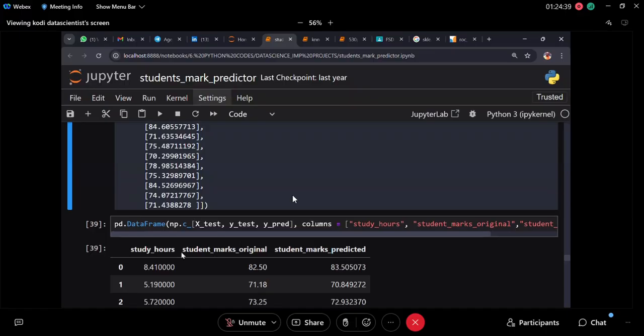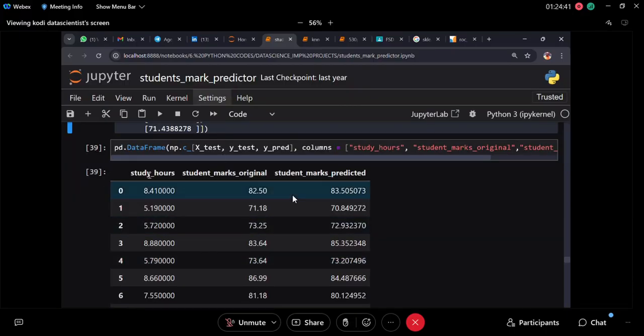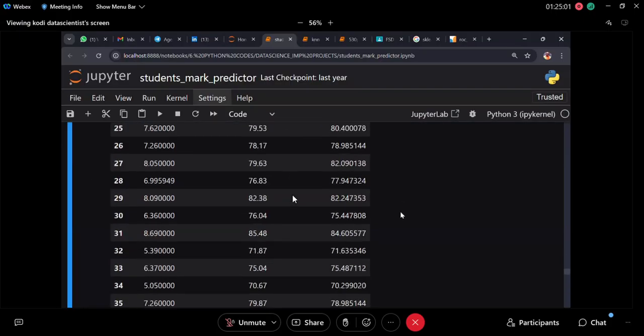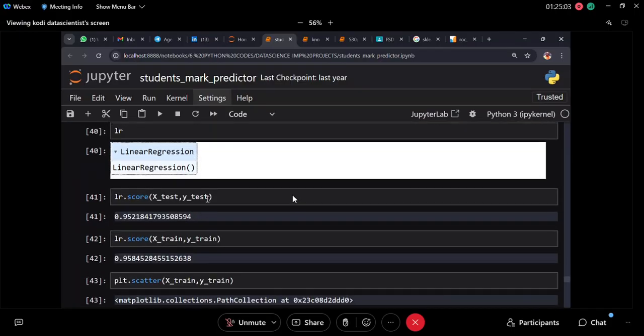So finally, we create a data frame: actual study hour, actual student mark, predicted mark. If the student study hours was 8, his actual mark is 82. The machine learning model predicted 83. Less residual, guys. Good model or not? How do I know? Let's try to plot a best fit line. Let's fine tune. X test.